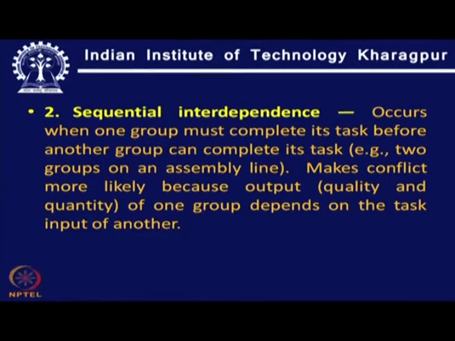In sequential interdependence, the interdependence is in sequence. It is required that one group must complete its task before another group can complete a particular task. So, it is all there in that chain.